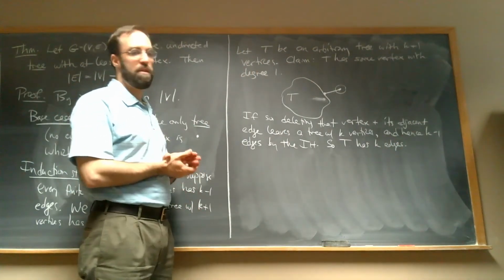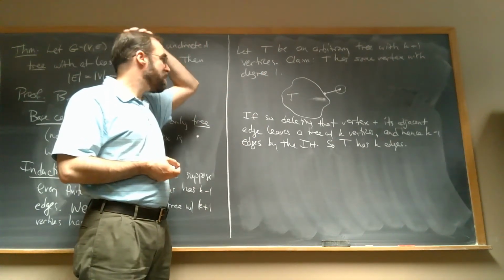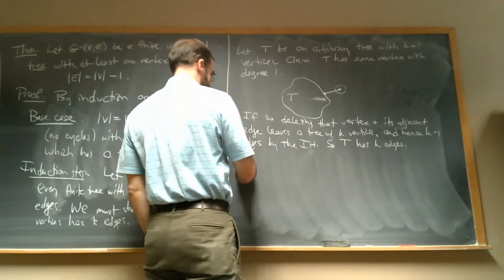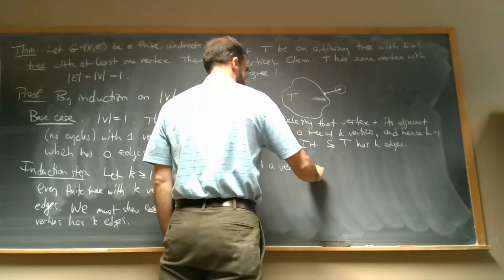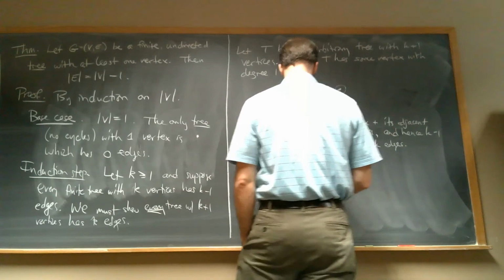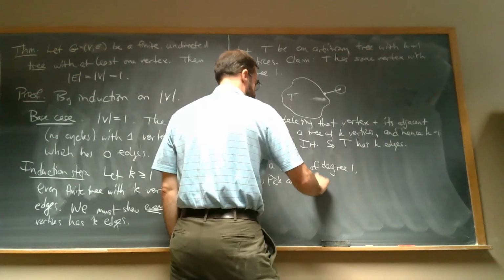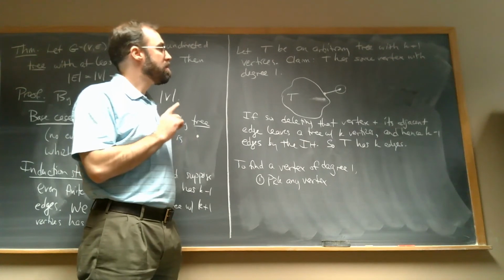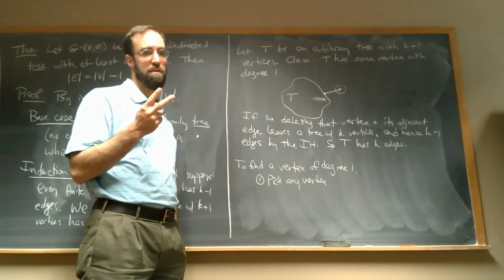Okay? The only thing left, of course, is we have to prove this claim. We have to prove that if we have a tree with k plus 1 vertices, that we can find a vertex with degree 1. Okay, so here's how we do it. To find a vertex of degree 1, we're going to do the following. So first, pick any vertex. And notice, since the tree has k plus 1 vertices, and k is at least 1, that means it has to have 2 or more vertices.